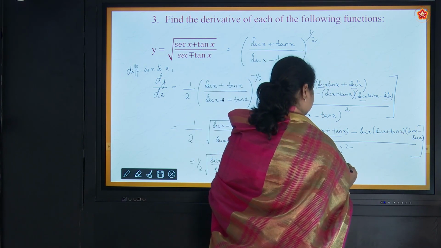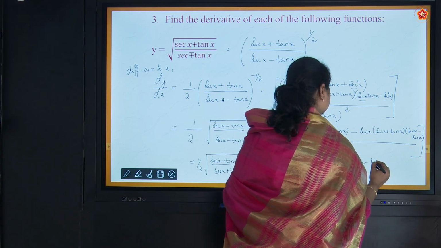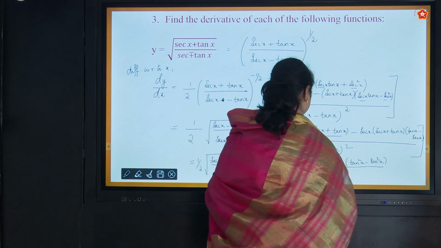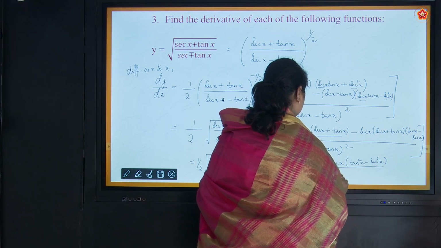So you have secant x into tan square x minus secant square x divided by secant x minus tan x the whole square.